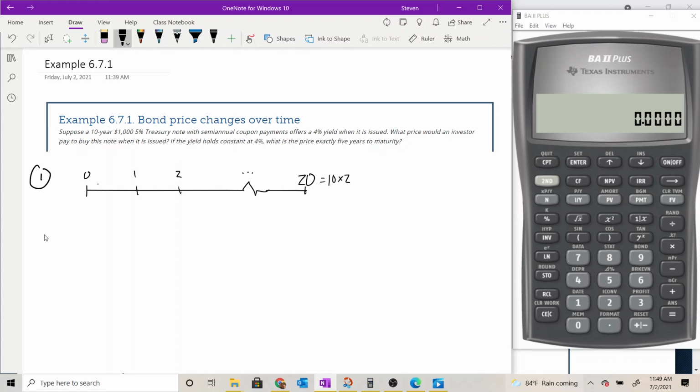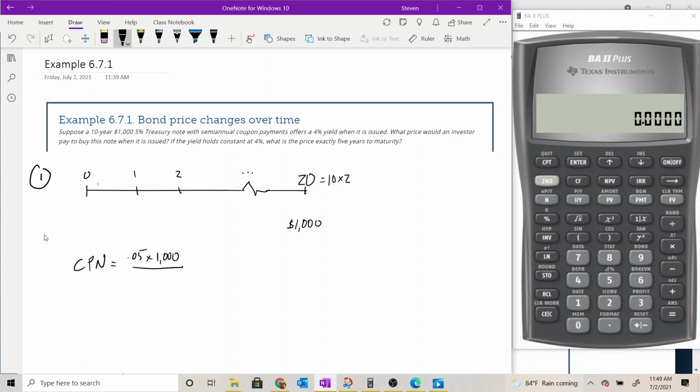Right, we know that it'll pay the face value back at maturity, so I'm going to write that down here, and I'm going to leave room above it to fill in the coupon payment that it makes every 6 months. So the coupon payment is equal to the coupon rate times the face value. The coupon rate is 5%, expressed as a decimal as 0.05, times the face value of $1,000.